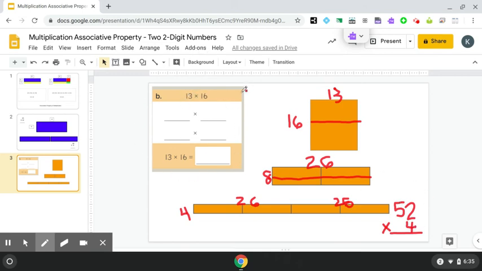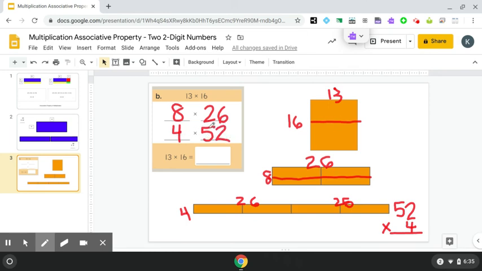So in looking at your work today, you can see that you have 13 by 16. If you halve 16, you get 8. If you double 13, you get 26. That would work. But we could narrow it down even more and make this 4 by cutting that in half and doubling this and getting 52.